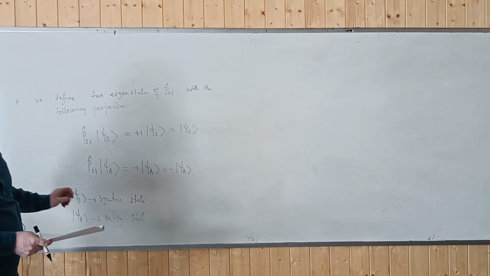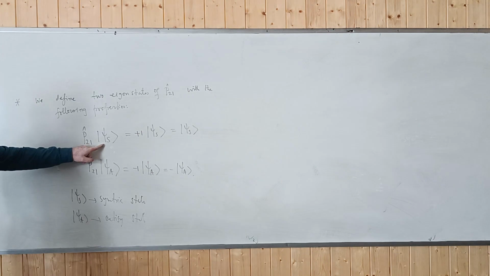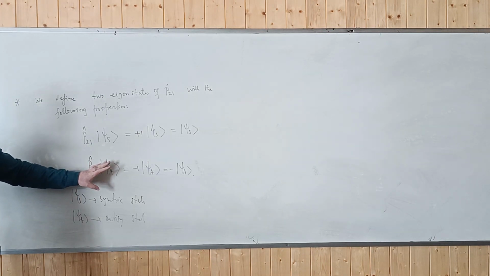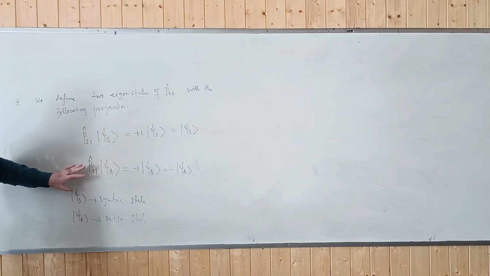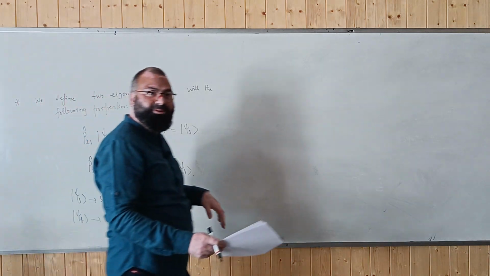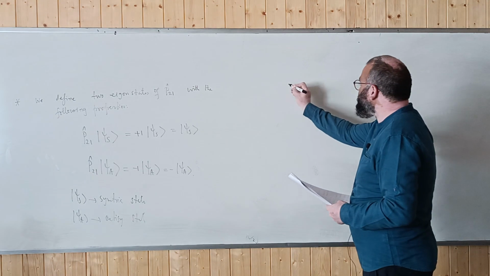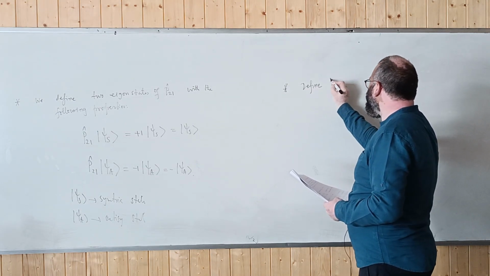Let me define. What we need to figure out is how to construct this psi s and how to construct this psi a. These are purely definitions. I have assumed psi s to be an eigenstate of P21 and psi a to be an eigenstate of P21 with eigenvalues plus minus 1. Let me define two operators.